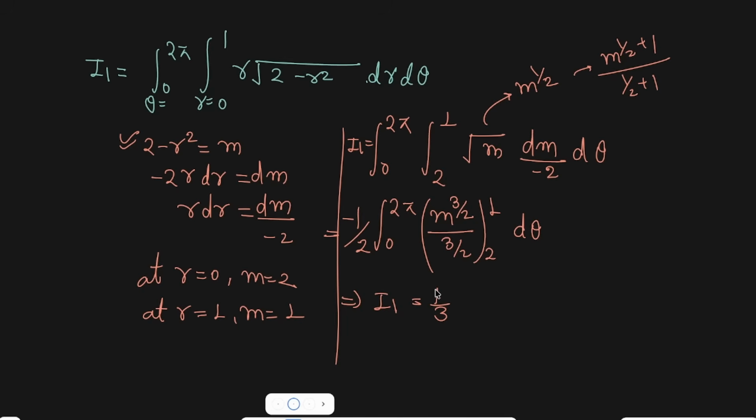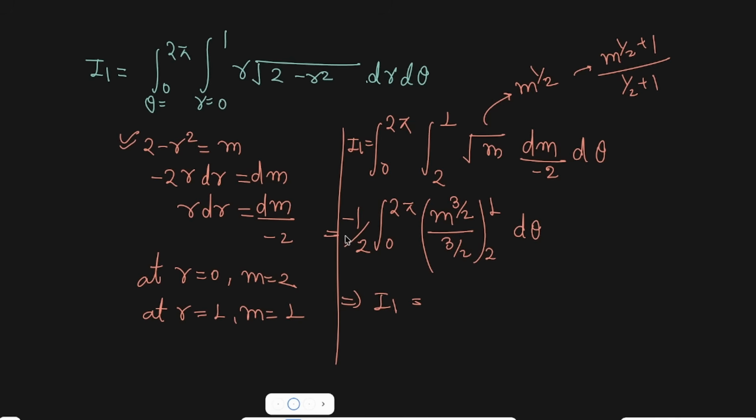When I solve this, I get from here, this is I1, so I1 will be 1 by 3, I think, yes. Wait, this is 1 to 2, and taking minus of this, yeah, minus will be there, correct.